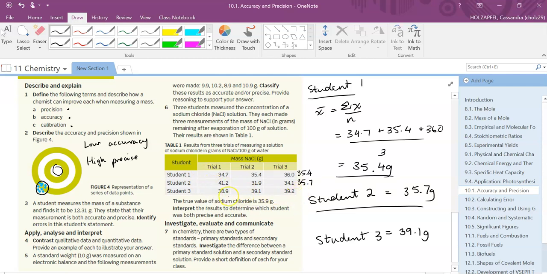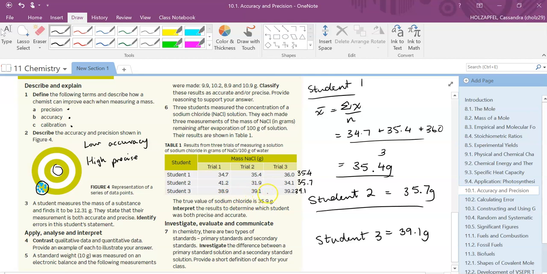Okay. And then this last one, so 38.9, 39.1, and 39.2. There's only a difference of about 0.3 between these three values. So this guy here would be highly precise. He's very good at doing his measurements. The only problem is that his average works out to be about 39.1, which is quite different from our original value here.